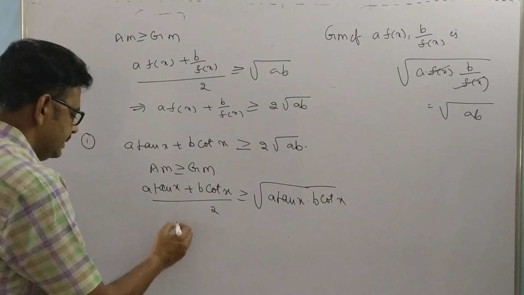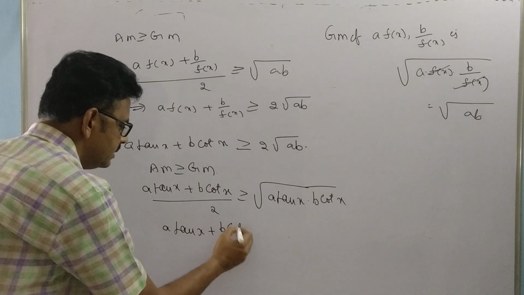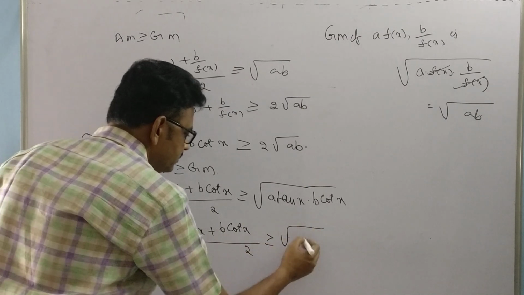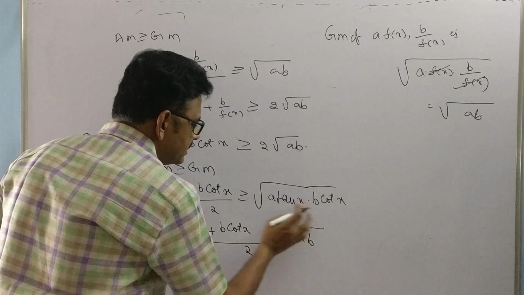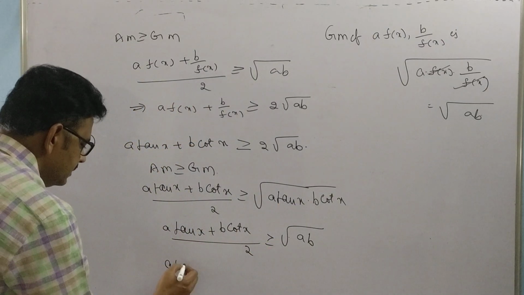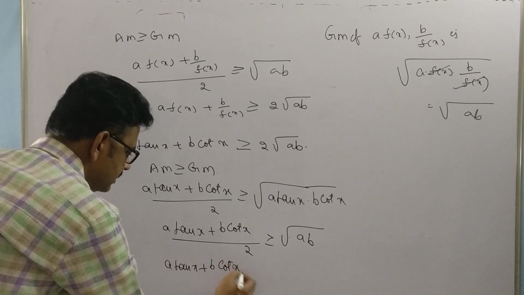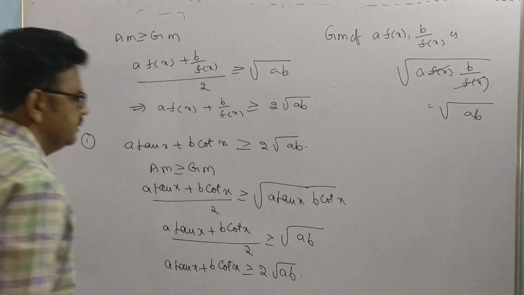So A tan x plus B cot x by 2 is greater than or equal to root of AB. Tan x cot x is 1, so tan x cancels, that becomes AB. That implies A tan x plus B cot x is greater than or equal to 2 into root of AB.